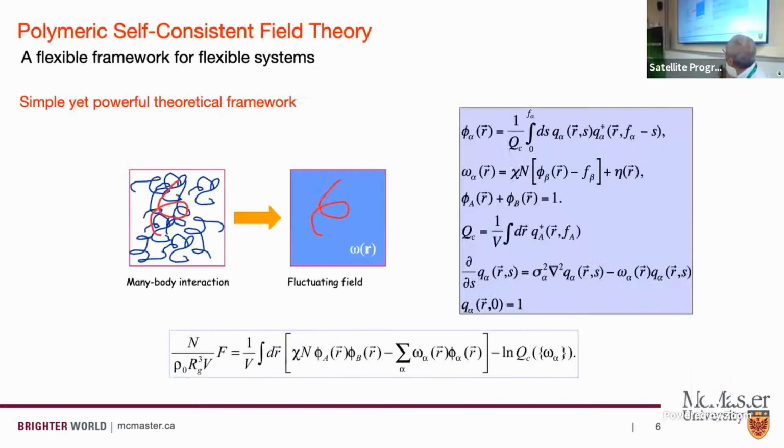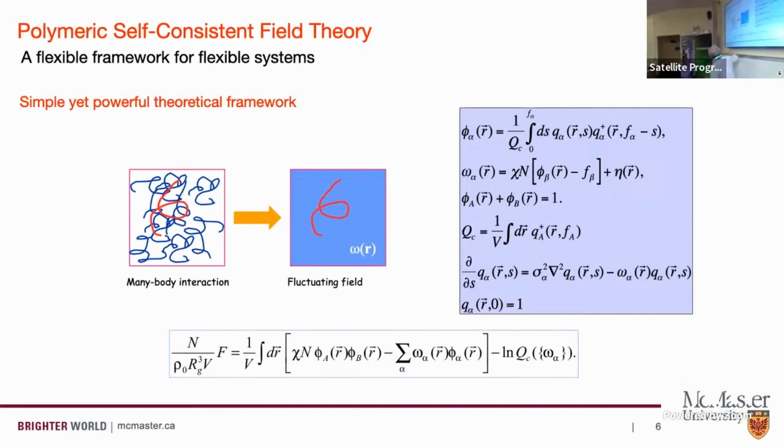Now, for the case of polymeric systems, that's in my view a wonderful system, which is very flexible in terms of the molecular model and in terms of theoretical formulation, which is the so-called self-consistent field theory. And what it is is very simple: you have a many body system where everybody interacts with everything else, and that's very complicated to solve.